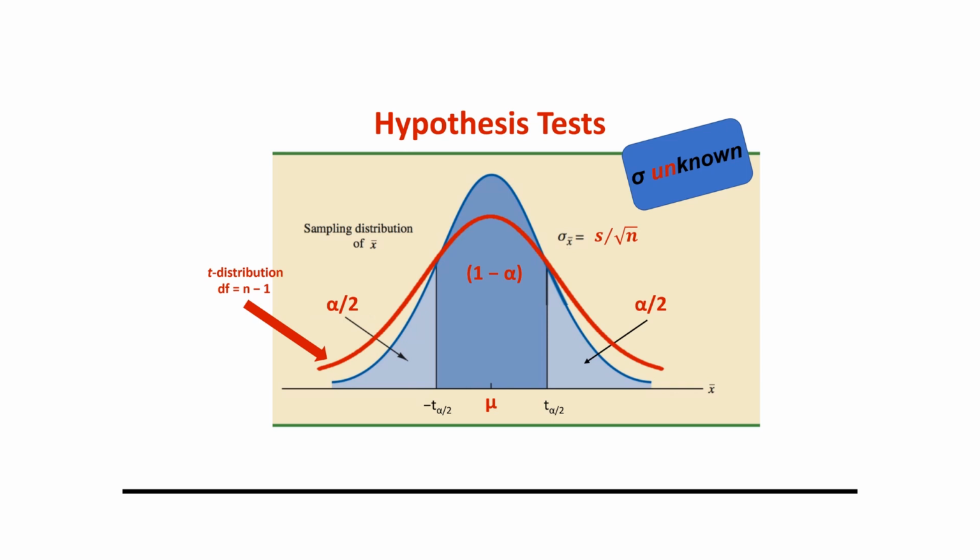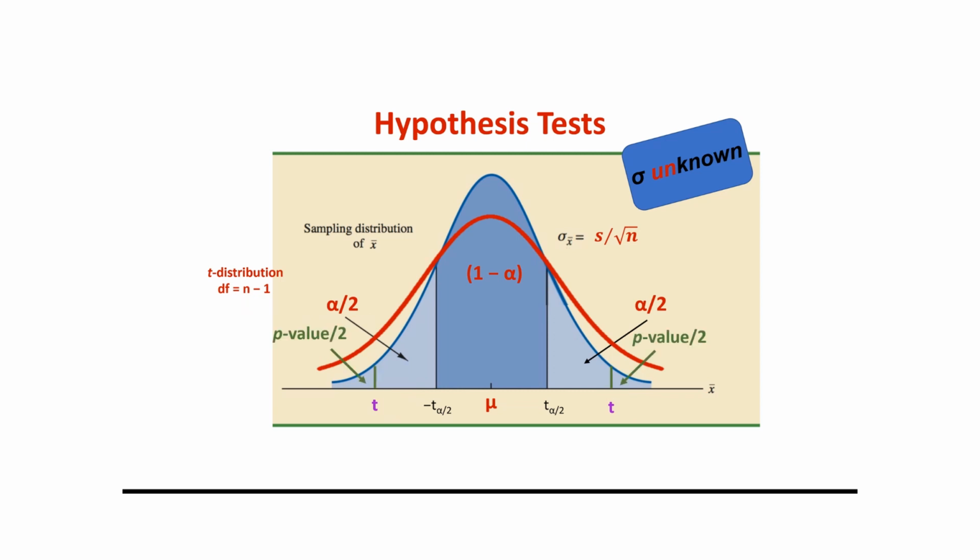When the population standard deviation sigma is unknown, we end up with a t-distribution with n-1 degrees of freedom, like we did in Chapter 8. So we use our sample standard deviation to get an estimate of our sampling distribution standard error. And we have t critical values and t statistic values instead of z critical and z statistic values.